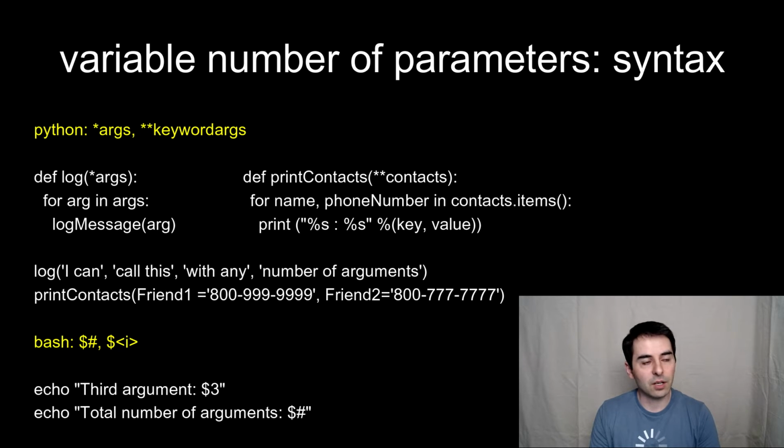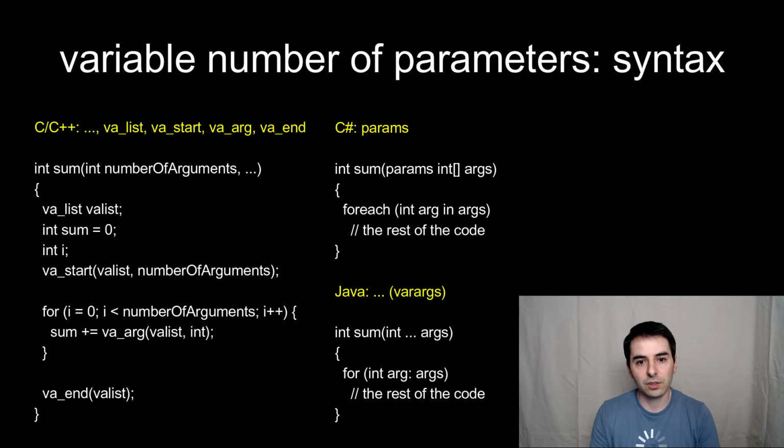So in more higher level languages, non-scripting, like object-oriented languages, we can use this ellipsis syntax, for instance, with C++ or Java, which allows defining. Basically, you provide the type and then ellipsis and then the name, and instead of just one parameter of that type, it becomes a list of parameters.